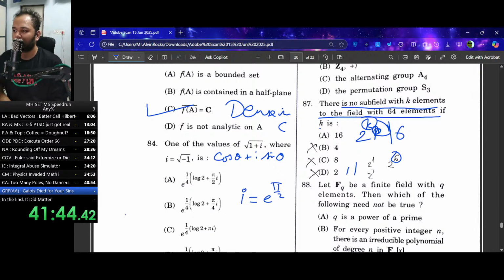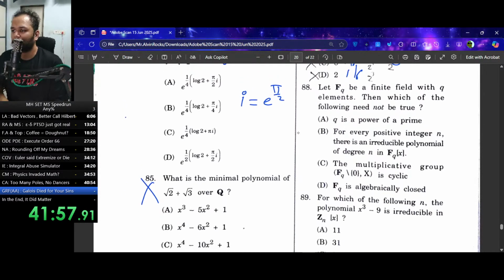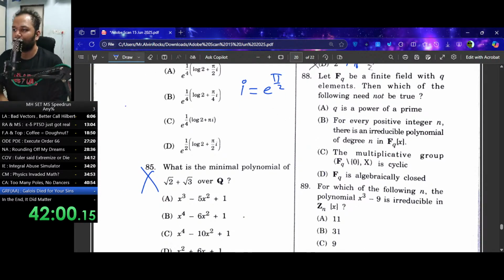So 1 divides 6, 3 divides 6, 2 divides 6, but 4 does not divide 6, so therefore just a hypothesis. If k is finite, it need not be true. Oh, this is actually true. I made a mistake, it is actually true.